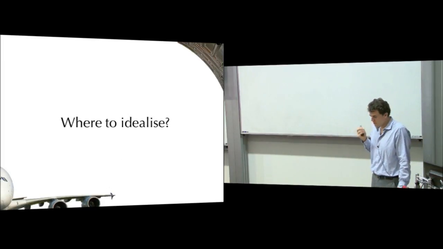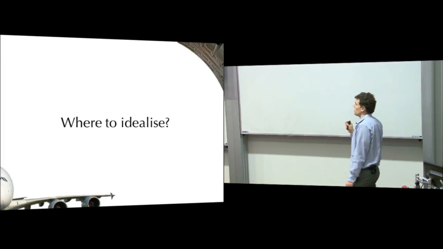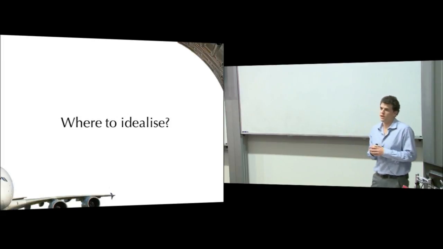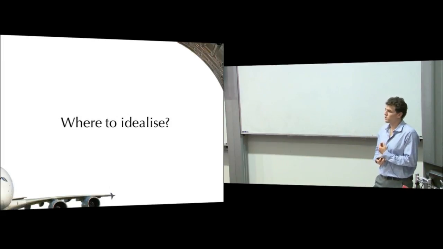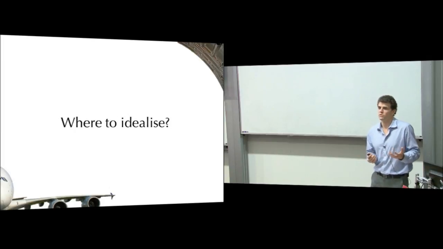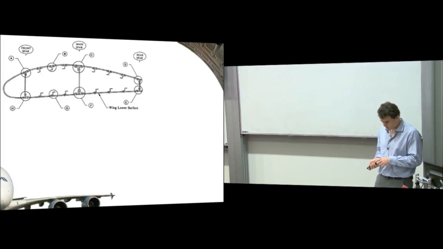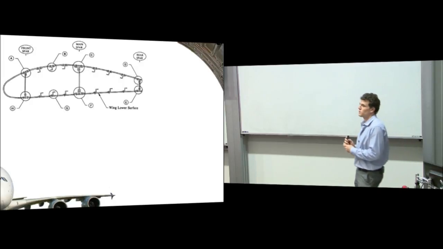The answer is that if there's any stiffening structure, such as a stringer or a spar cap, we should idealise our area to there because it makes our calculations a lot easier. If there's no stiffening structure, then we can still idealise, but we just have to pick somewhere that we choose. But generally, in most aircraft structures, it's a reasonable assumption to just pick the stiffening structure as the place to idealise. Now, let's take a little bit more of a detailed look at how we do that.